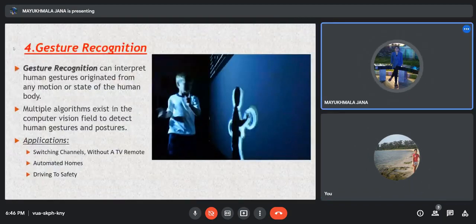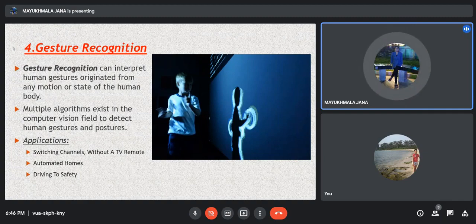Gesture recognition. It is the process by which gestures made by the user are made known to the system. It can also be explained as the mathematical interpretation of a human motion by a computing device.